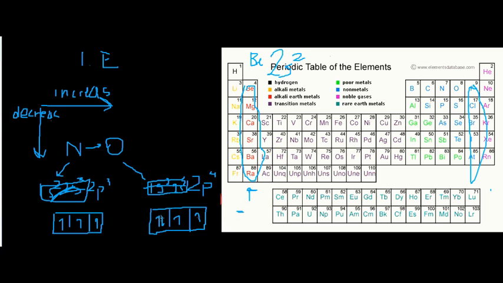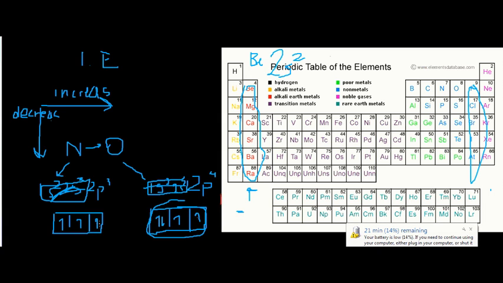So it would be really easy to get rid of this down electron. Since it's easier to take this down electron away than to take away one electron from a half-full subshell, the ionization energy of oxygen is less.